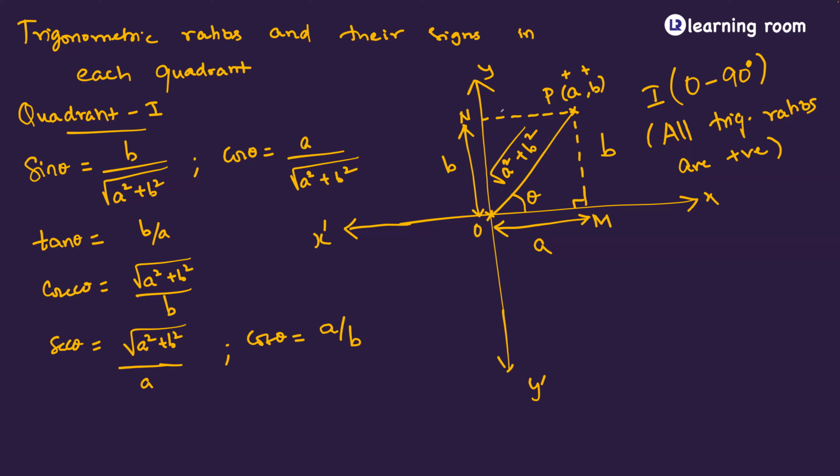In the third quadrant, tan and cot will be positive. Why will tan and cot be positive? Because tan theta is b by a, and b and a both are negative. Balaji, are you able to understand? Yes sir. Similarly, in the fourth quadrant, even without doing it, can you guess? What is left out? Cos and secant.